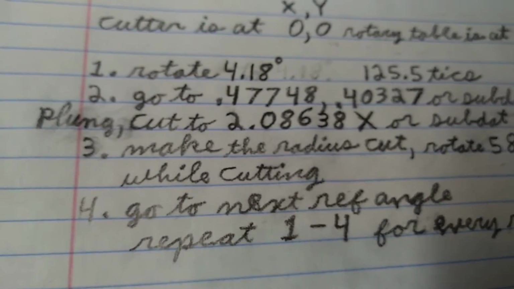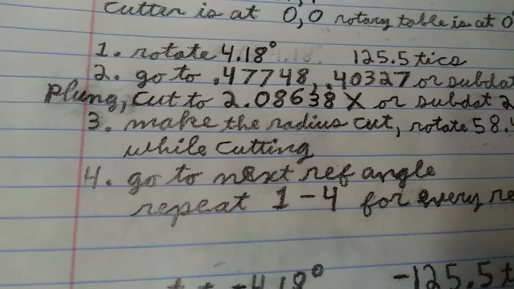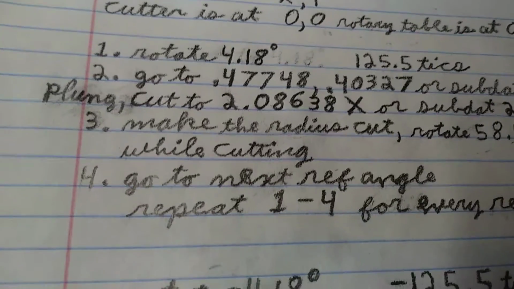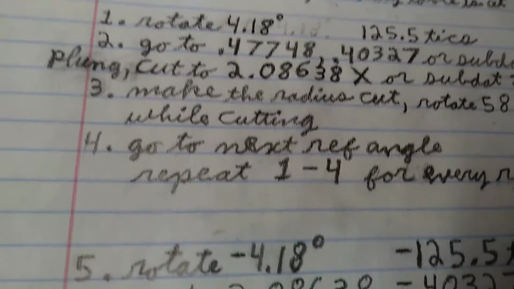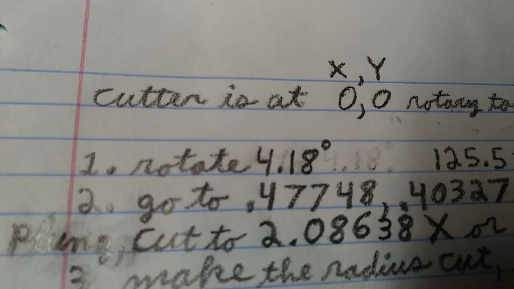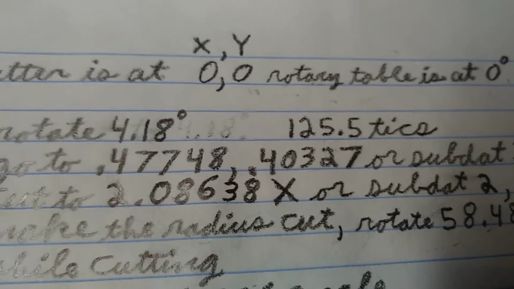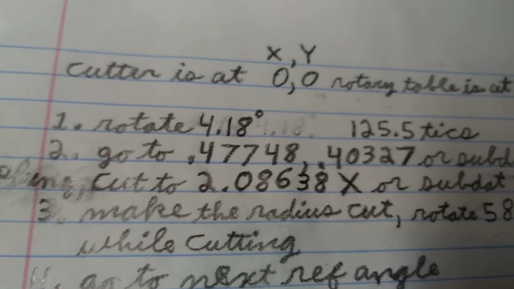That would be the center of the spoke. That's the next reference angle. That's what I call it. Then, because you're going to repeat 1 through 4, you go up to 1 and rotate 4.18 degrees past 72 degrees.